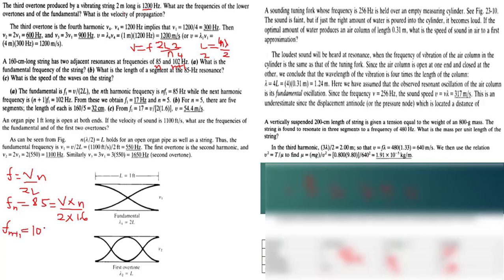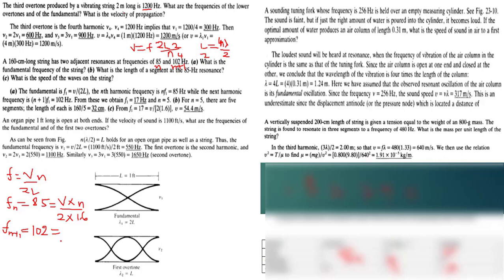and f ya n plus 1 which is equal to 102, kumbuka always the lowest frequency has the lowest n. So the higher you increase the number of n, the higher the frequency. So it is correct to assume this is n plus 1.